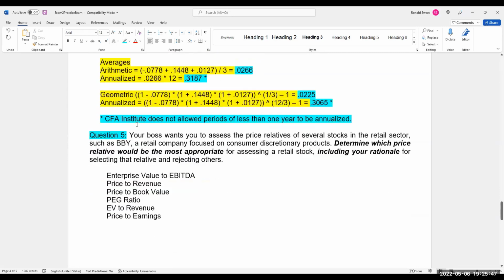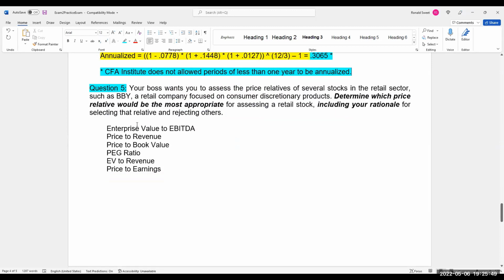All right. The next one is just a written problem. So your boss is looking at a retailer. The first thing we do, let's figure out what's wrong. You want to write down each one of them. So I would rewrite them all. EV, you don't have to write it out entirely.